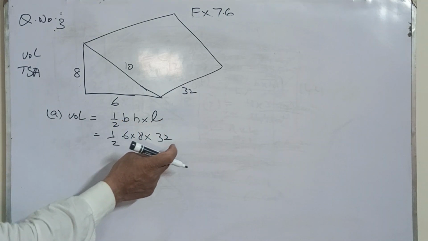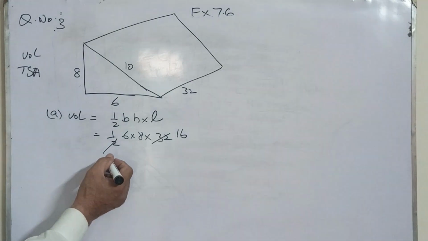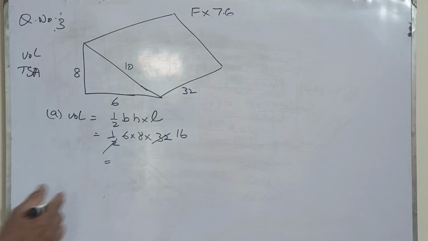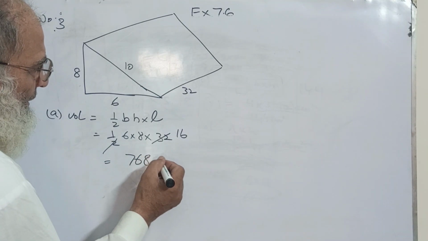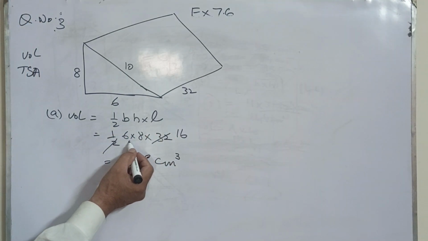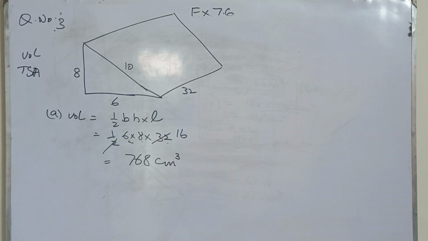Each and every figure is written over here. So it is 48 multiplied by 16, equal to 768 centimeter cube, because these are 3 dimensions. Centimeter, centimeter, centimeter. Therefore we are going to make it centimeter cube.